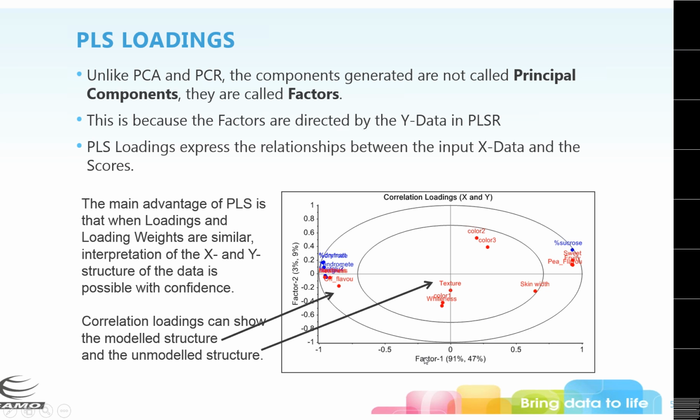So in this case, if we're looking at our correlation loadings, if we're looking at our percentages down here, what we see is that 91% of our X variation is explaining 47% of our Y variation. And that's pretty good in this case. We're looking at some pea data here and how flavorful they are based on their chemical makeup.